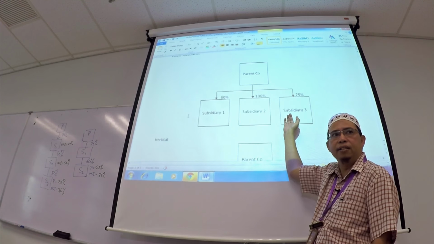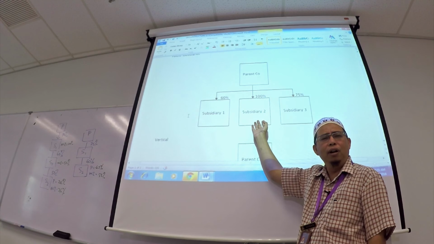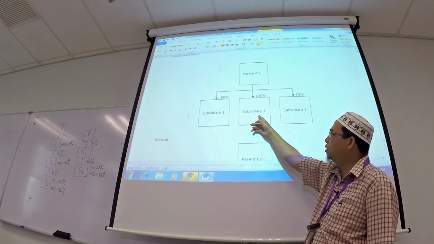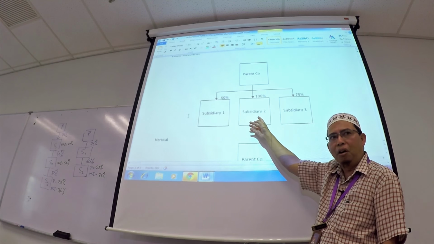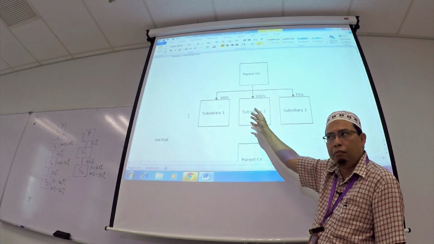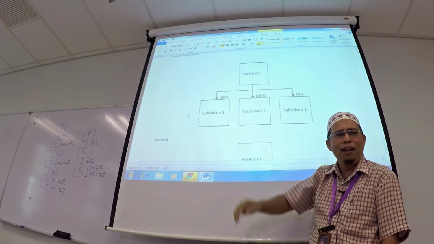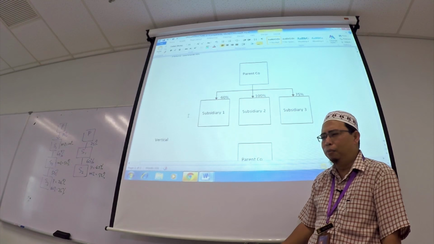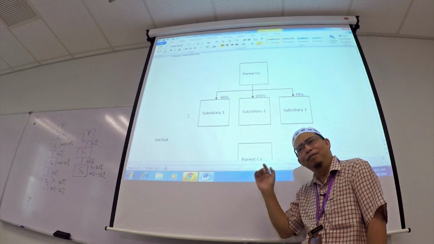We have NCI here, and this one you have no NCI. So if you don't have NCI, in this case, you call 100%. Do you calculate the goodwill or not? You still calculate the goodwill, but without the NCI. The formula, consideration transferred minus fair value. Understand?